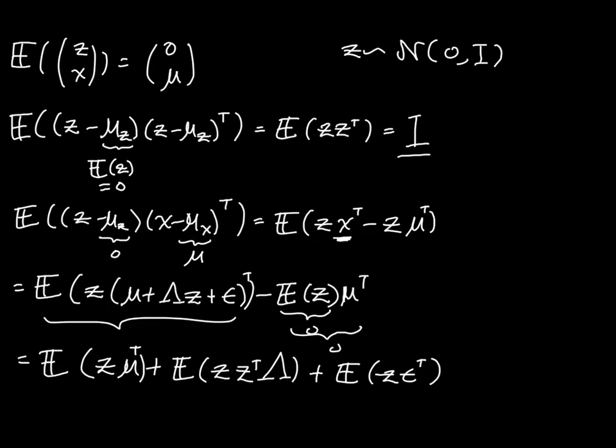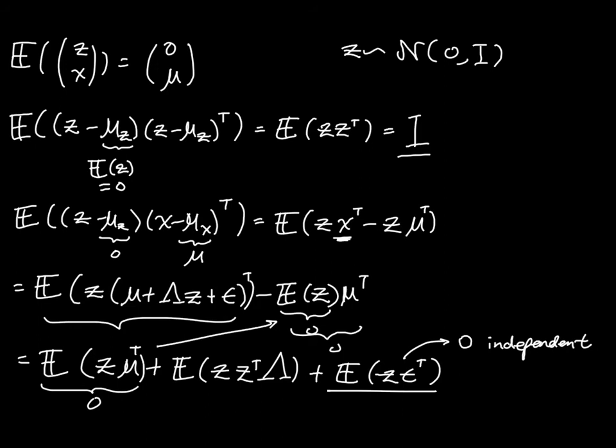Okay, so now we saw that this was equal to 0 because it's the same as this one, right? Now we know this one is 0 because both of these have mean 0, right? And also these are independent variables. Like, z has nothing to do with the noise with respect to the other one. That's just how we defined it.